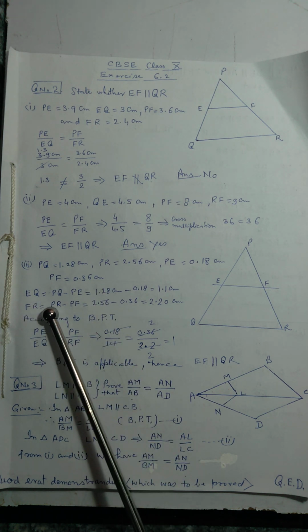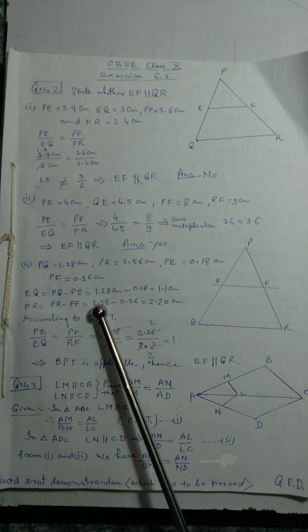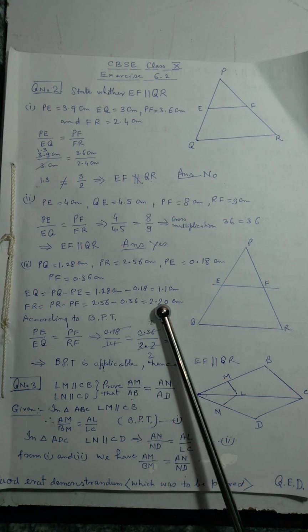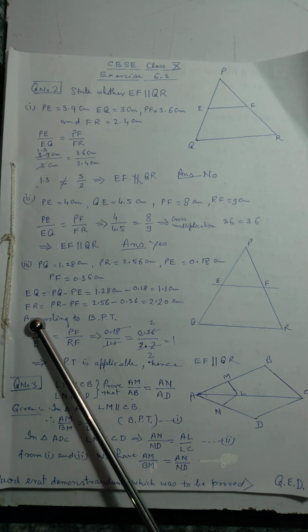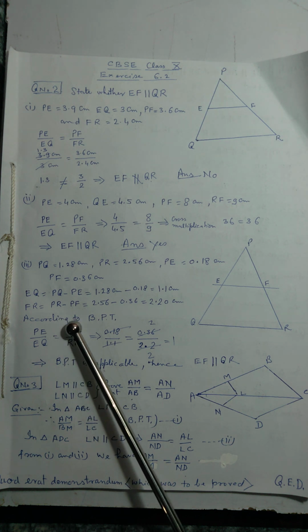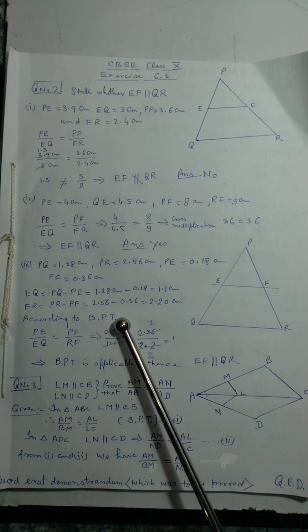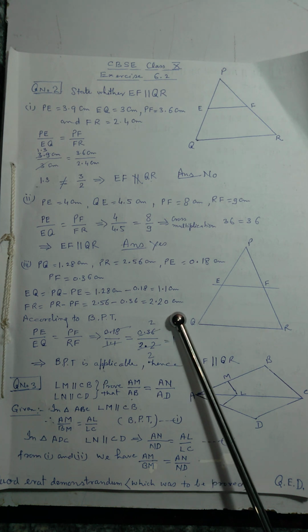So EQ will be equal to PQ minus PE, that is 1.28 centimeter minus 0.18, that will be equal to 1.1 centimeter. Now FR is equal to PR minus PF, that is 2.56 minus 0.36, that will be equal to 2.20 centimeters.